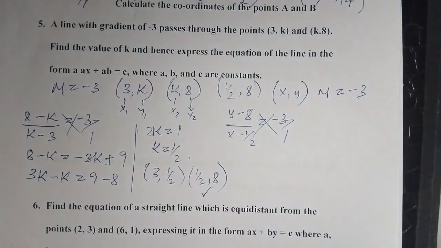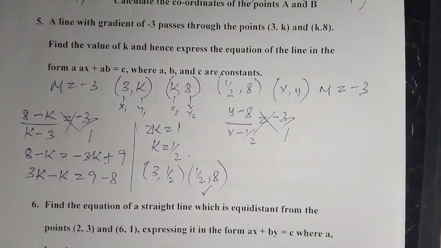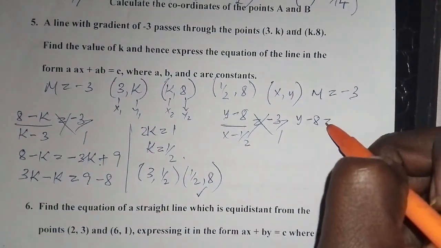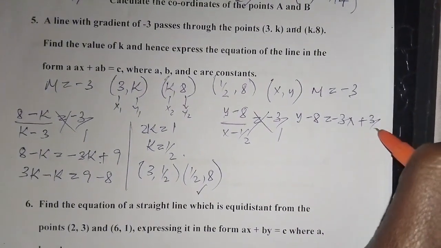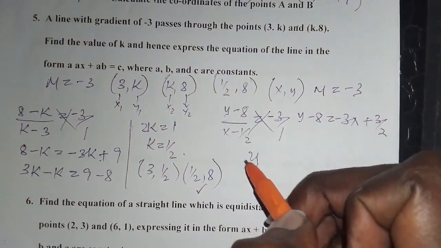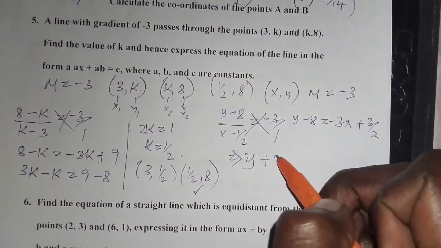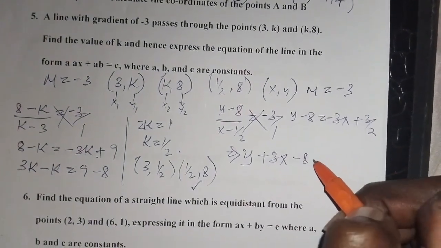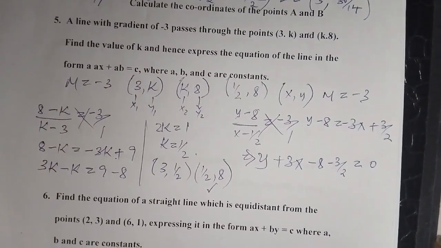So we cross multiply. We shall get y minus 8 is equal to negative 3x plus 3 over 2. So we shall have y, minus 3x to this side, you'll have plus 3x. Then you have minus 8 minus 3 over 2 equals to 0.